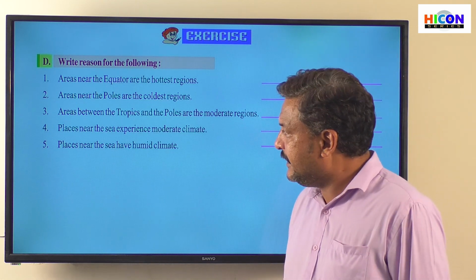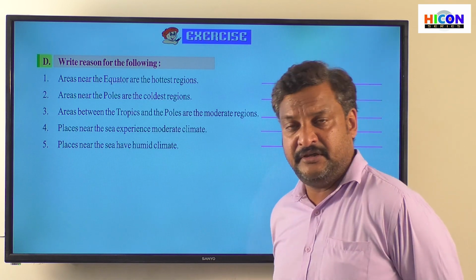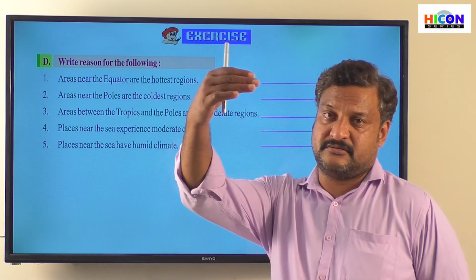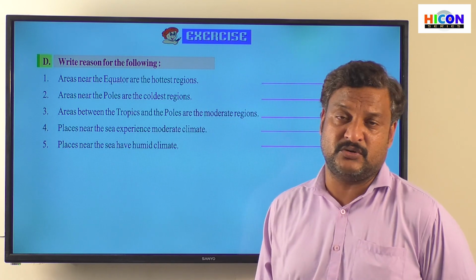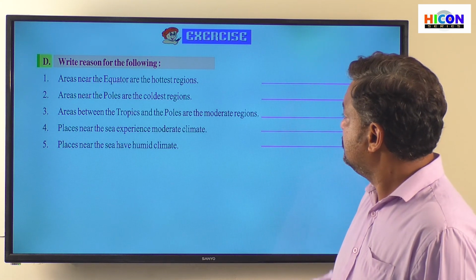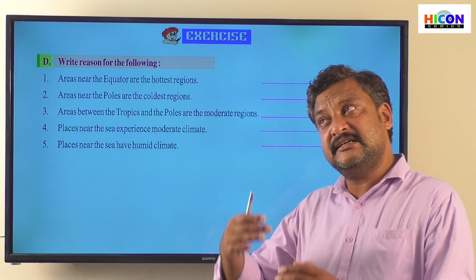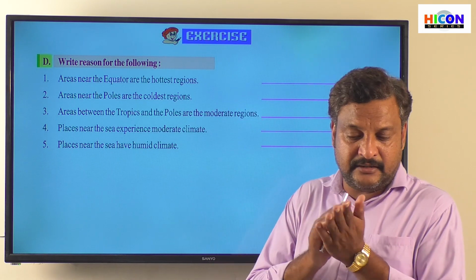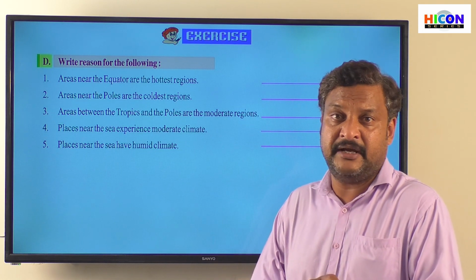Third one, areas between the tropics and the poles are the moderate regions. In between the tropics we have the torrid zone, the hottest zone. Above the Arctic zones, the polar zones, it's very cold. So the region that lies in between is the region of transition, meaning change.